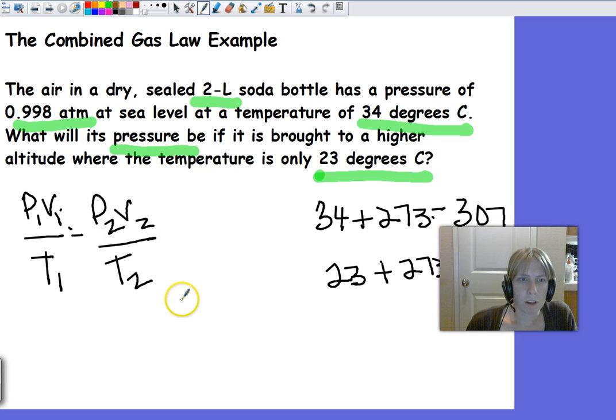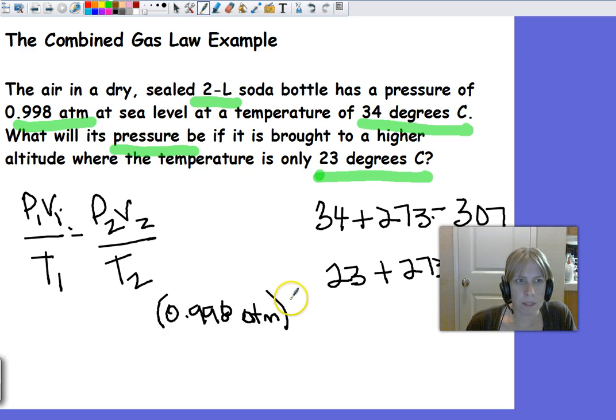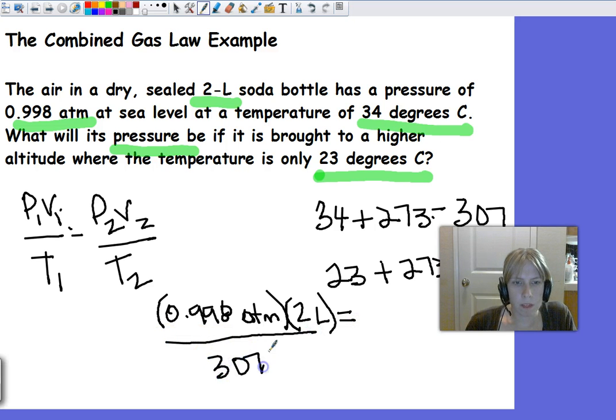So my initial pressure is going to be 0.998 ATM. Once again, I apologize for the less than spectacular writing. Times the volume. Here we have 2 liters. And then our temperature for starting was our 307 Kelvin.